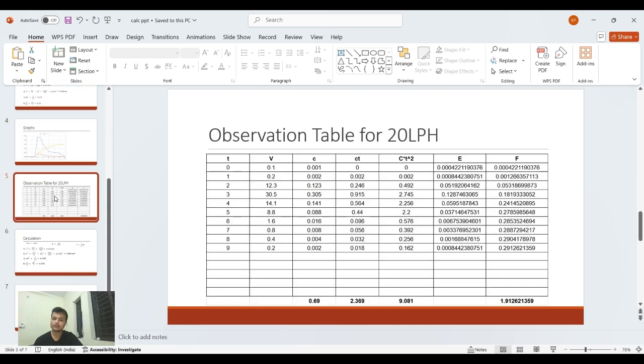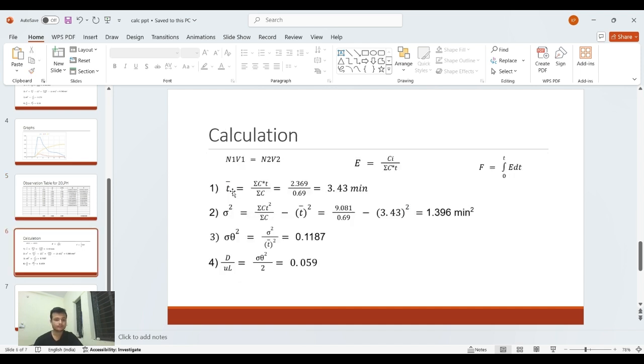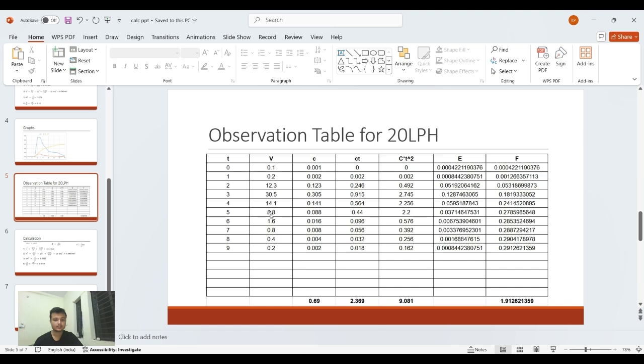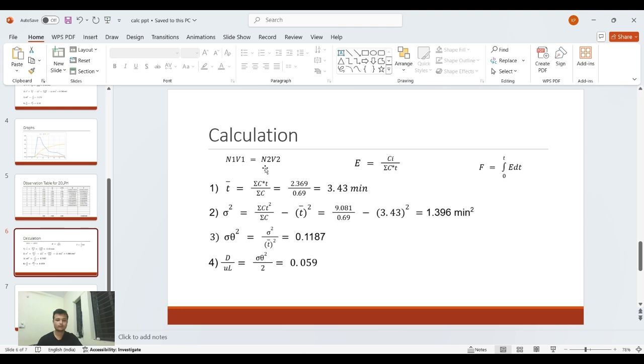This is similarly the same procedure here for 20 lph. Here this is the volume of endpoints from burette we got during the experiment procedure. And similarly we will calculate C, CT, CT square, E and F from these formulas. N1V1 equals N2V2.